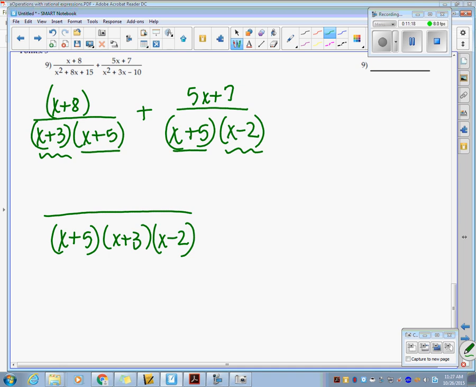And so we've taken this shortcut now. You can do LCD and realize that it's the same thing. But the bottom line is we need to multiply this fraction by x minus 2 over x minus 2. And we need to multiply this fraction times x plus 3 over x plus 3.